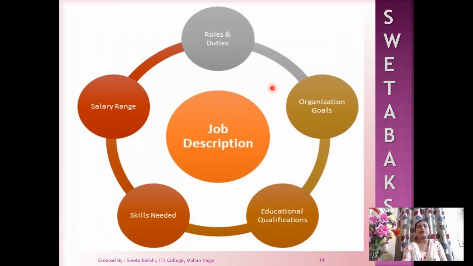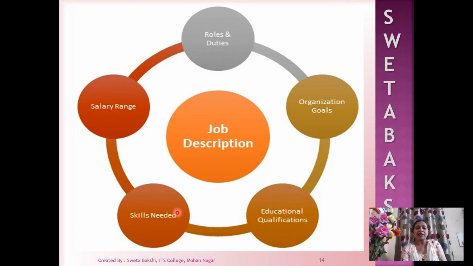Now let us understand with this diagram the job description areas. First of all, you have to find out the roles and duties of a particular job on the basis of organizational goals. Then you have to find out the educational qualification which is required to perform these roles and duties. So what are the essential educational qualifications?